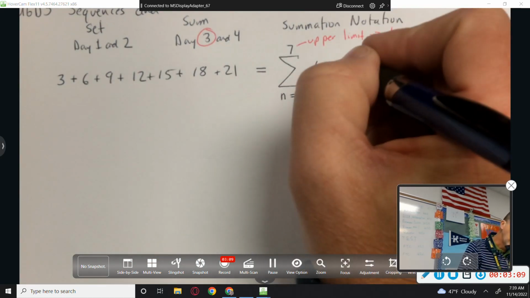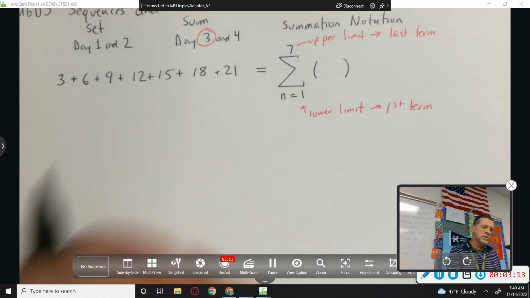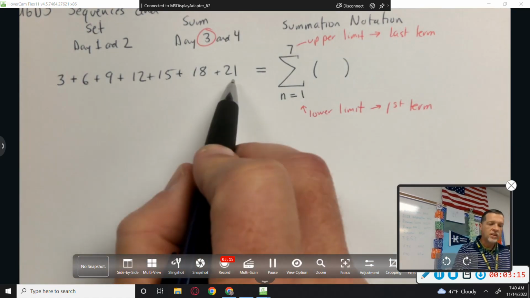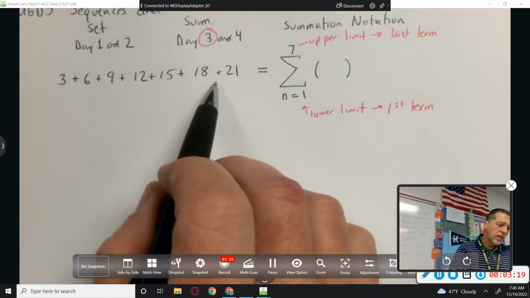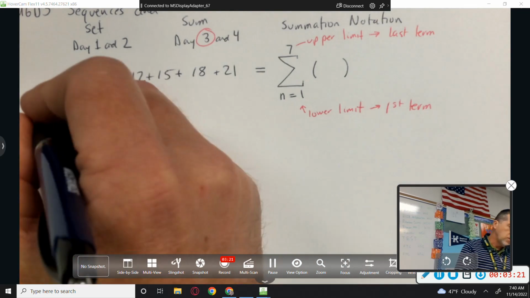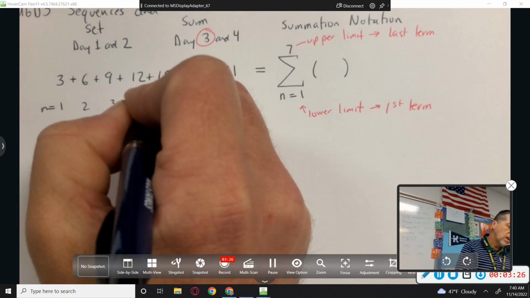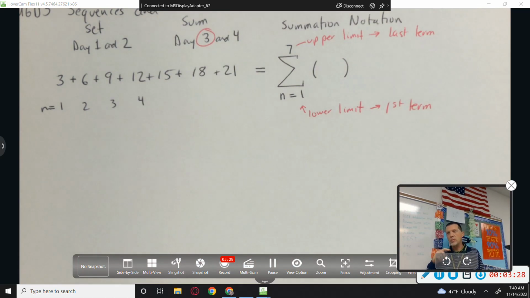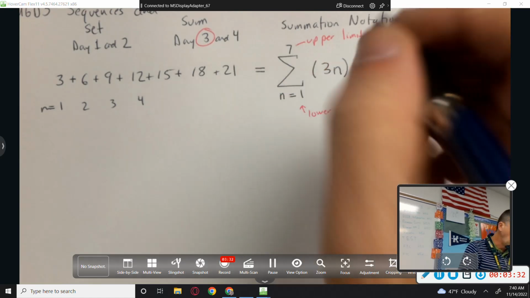And then what comes next is the formula. The formula that would give us these terms. So this one's not too bad. If n is 1, n is 2, n is 3. So the term is just 3 times the term number, so 3n.